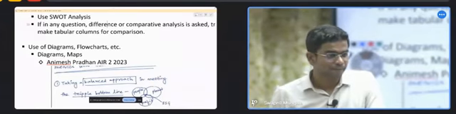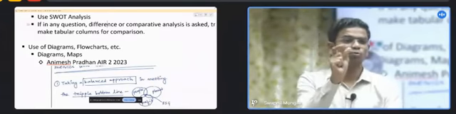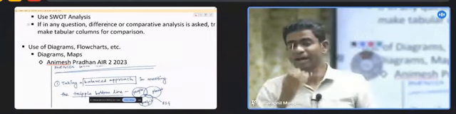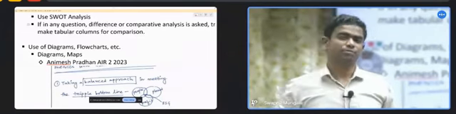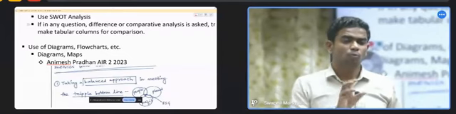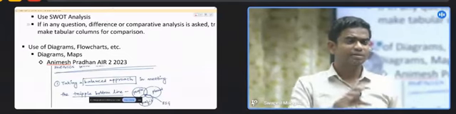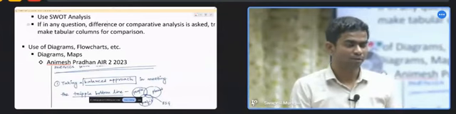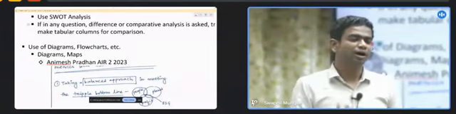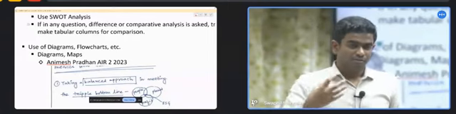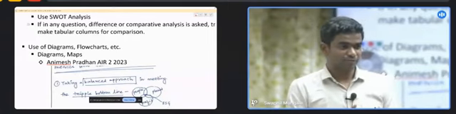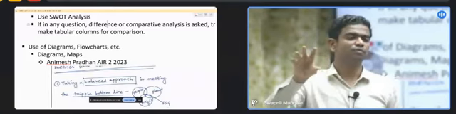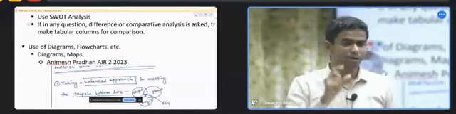Okay? SWOT analysis is strengths, weaknesses, opportunities, threats. 4 points. For example, if we are writing a question like, what is India's position as the manufacturing hub of the entire globe? Is India the factory of the world? Then what you can do is write that India's position in the manufacturing sector is like below.